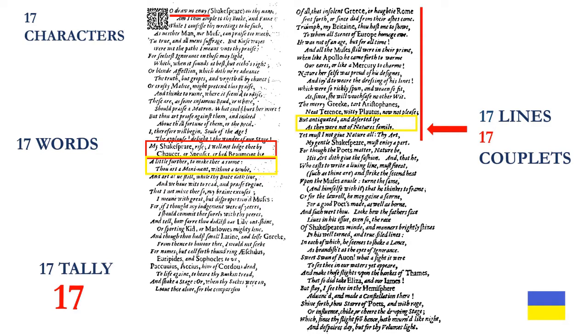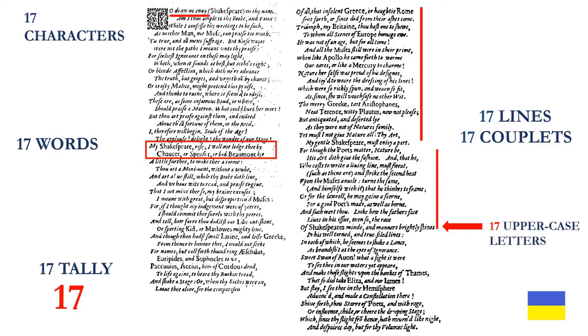Once again, we see an example of tria omnia: characters, words, lines, but then they add couplets to it. And finally, we have 17 uppercase letters between the Shakespeares on page 2.